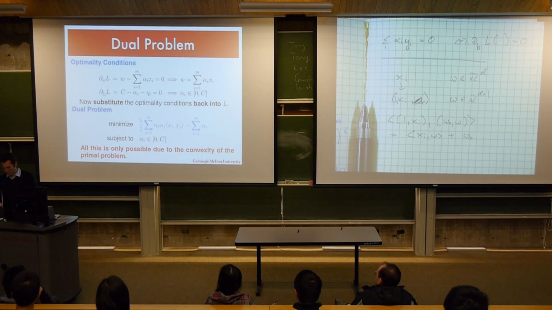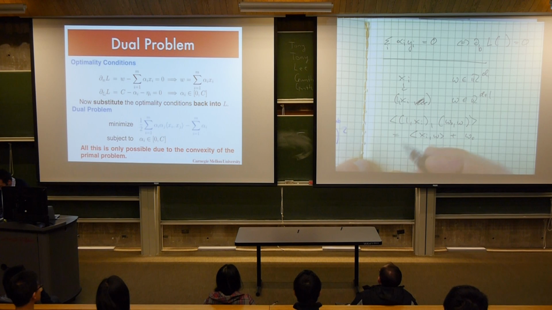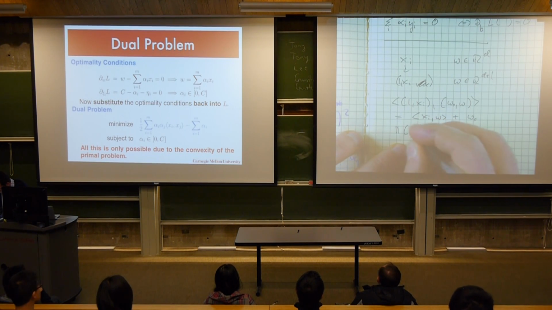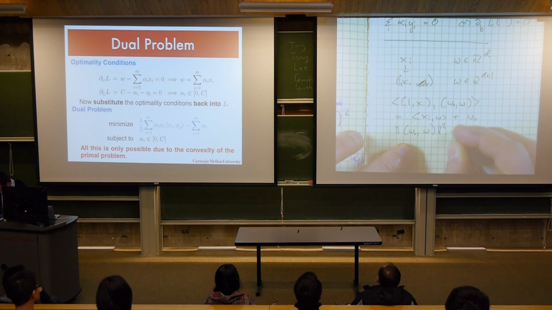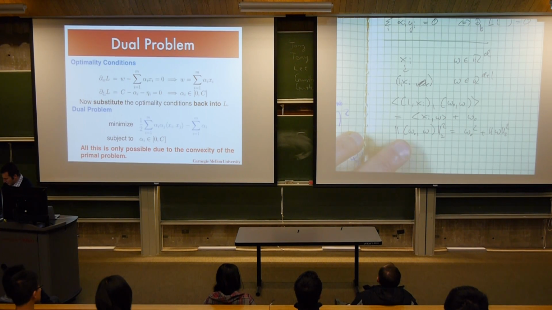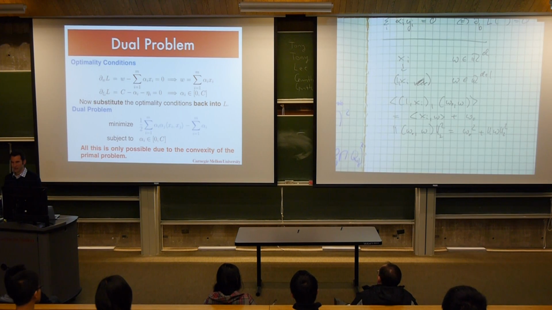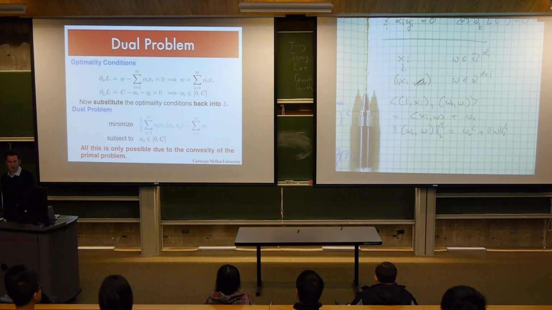Exactly, that's exactly the difference. We now have a norm of (w0, w) squared, which is of course nothing else than w0 squared plus the norm of w squared. In other words, this makes us pay a penalty for having a particularly large value of a constant offset, whereas previously we didn't pay that.